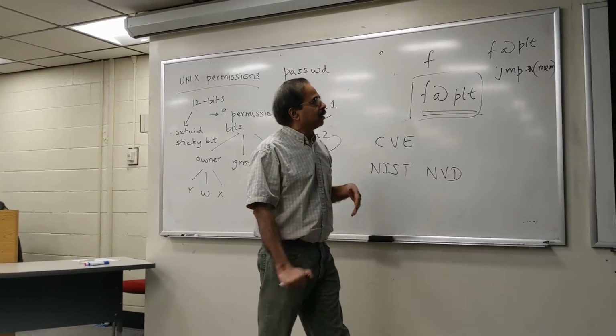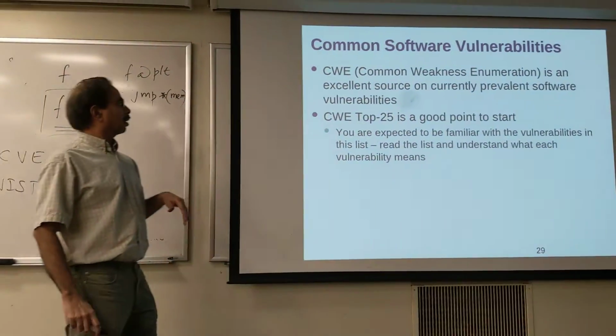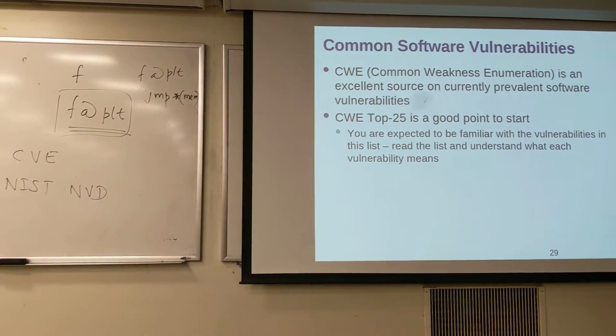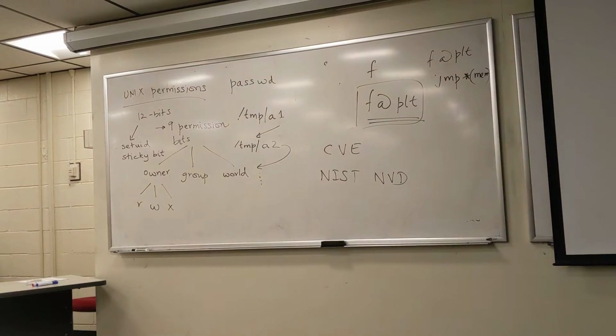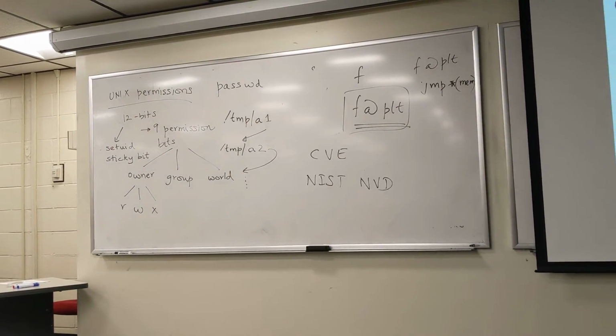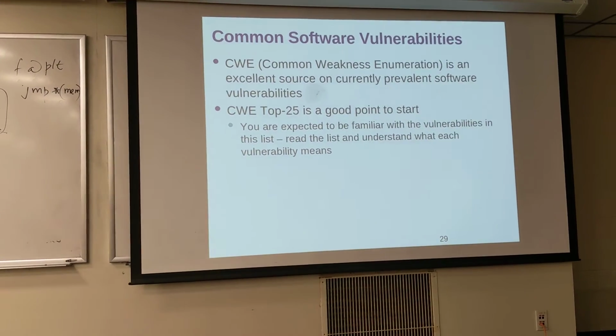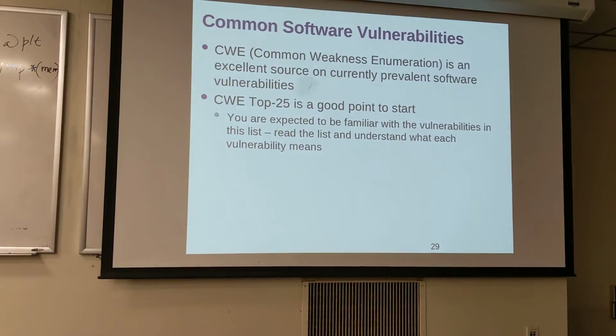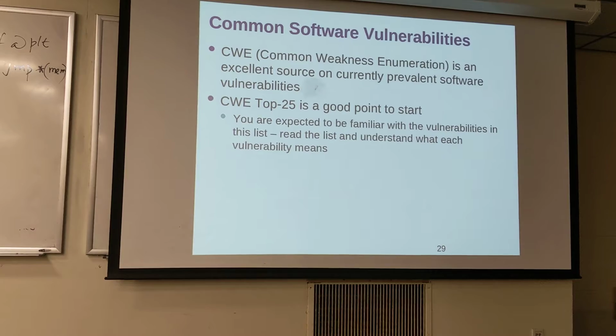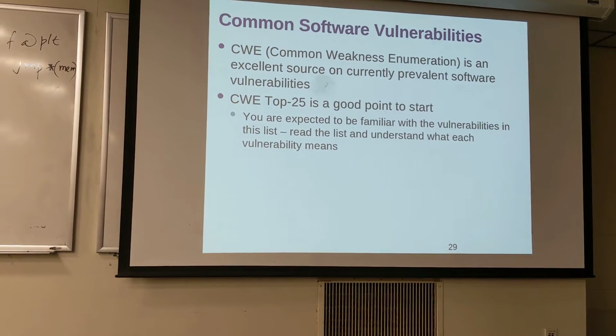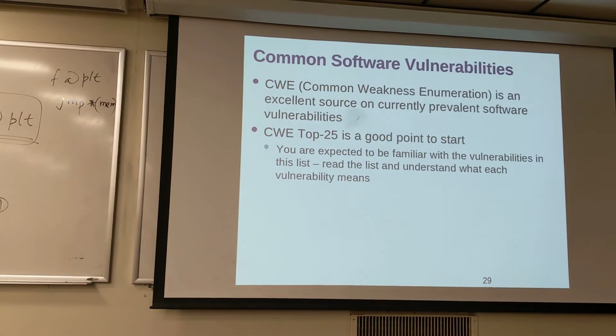So for that, they came out with the Common Weakness Enumeration, which explains the vulnerability in terms of the underlying software problem, rather than the fact that it exists in a particular version of a particular software.